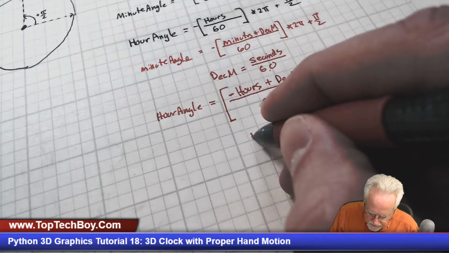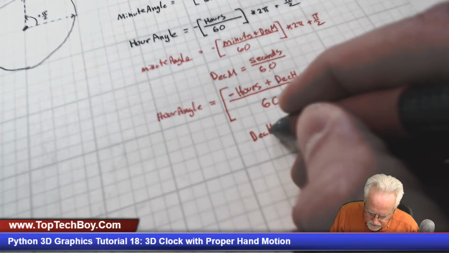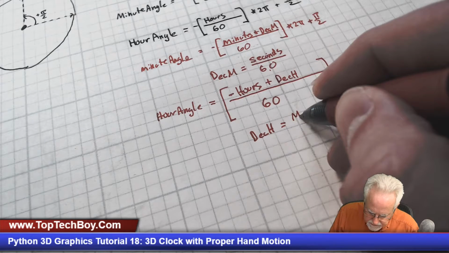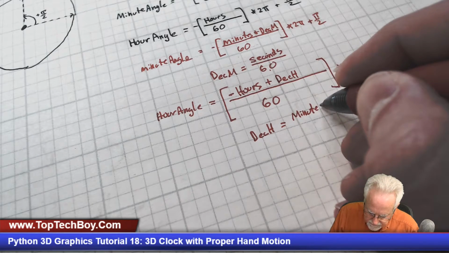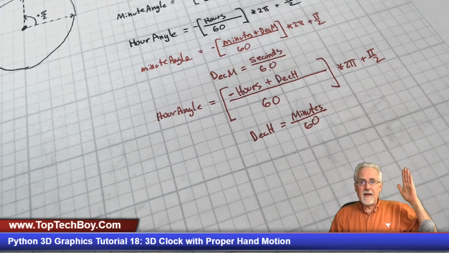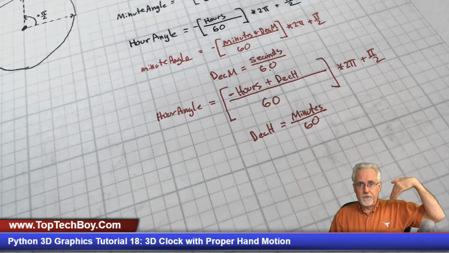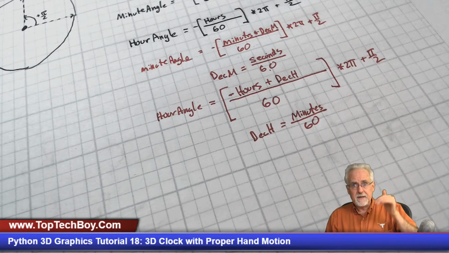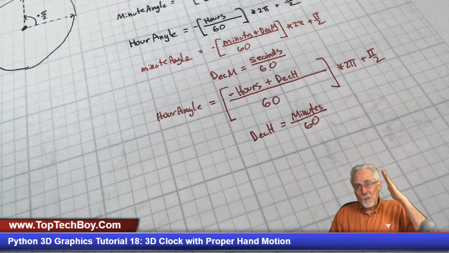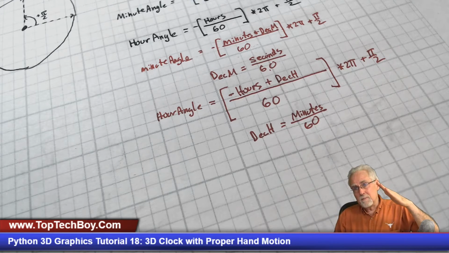And here, what is decimal hour going to be? Well, it is going to be minutes, how many minutes do I have, divided by 60. So if I have 30 minutes, 30 divided by 60 is 0.5, and that means instead of being at the 1 position, I want to be at the 1.5 position, halfway to 2.